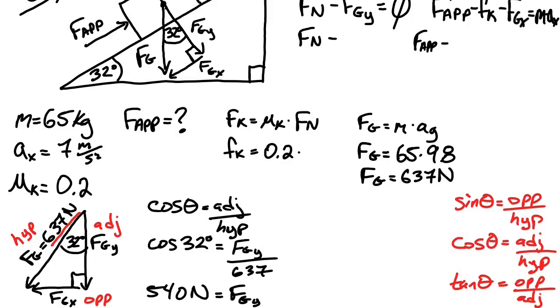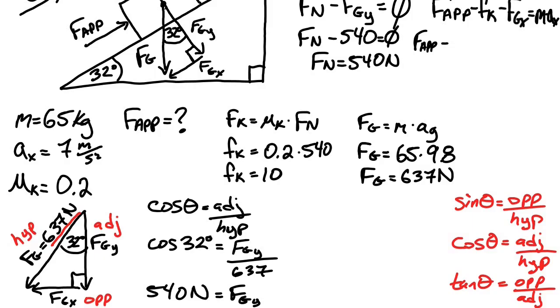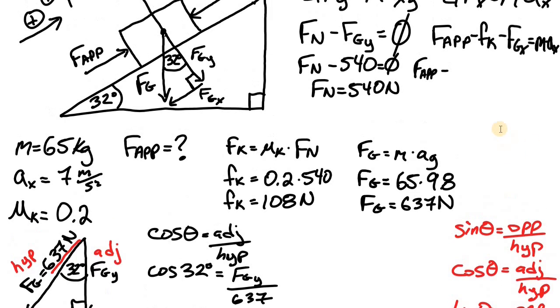So Fgy is equal to 540, and our Fn is equal to 540 newtons. So therefore, our Fk is equal to 108 newtons. And that's what we're going to be plugging in for here.